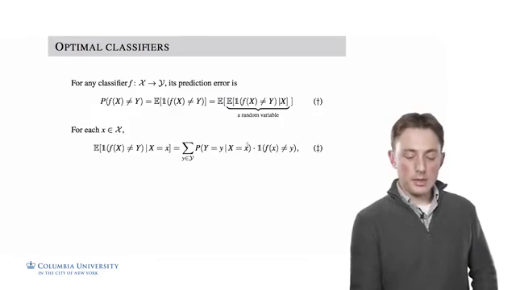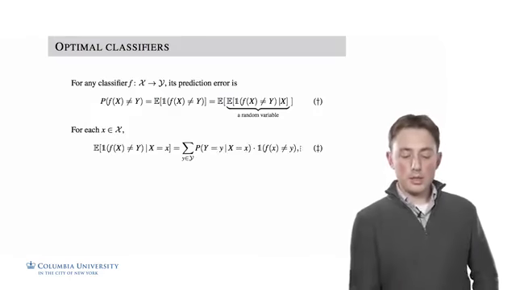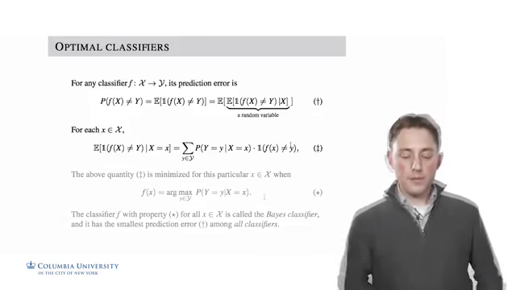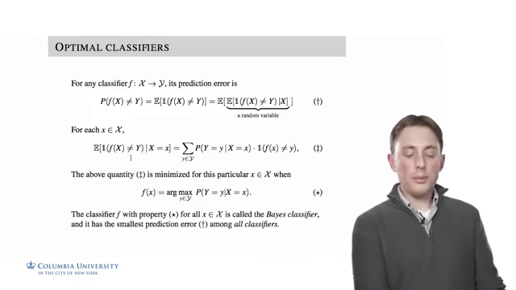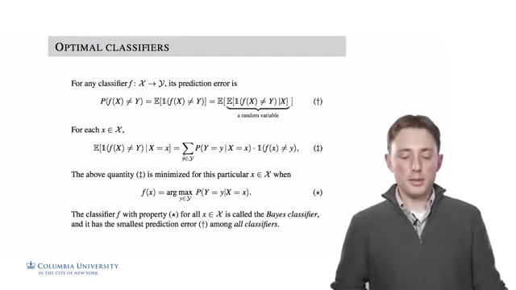So x is fixed, but now y is random. So we evaluate this conditional expectation here. Okay, so our goal now is for every point x, so point-wise, we want to minimize this function over each point x.